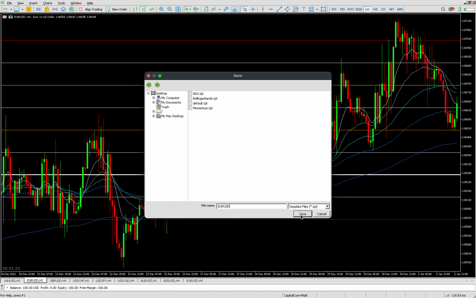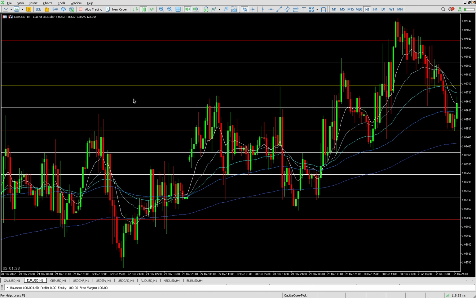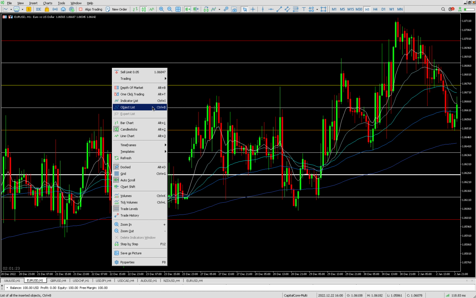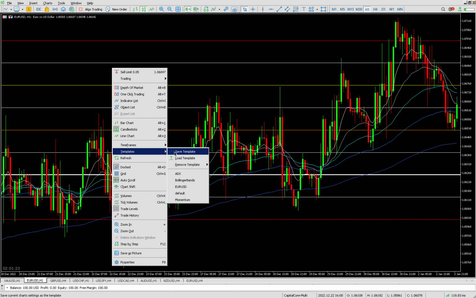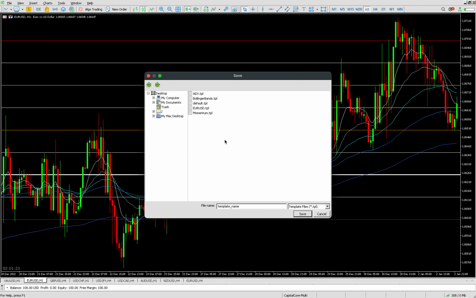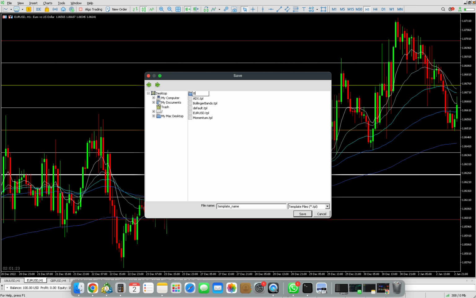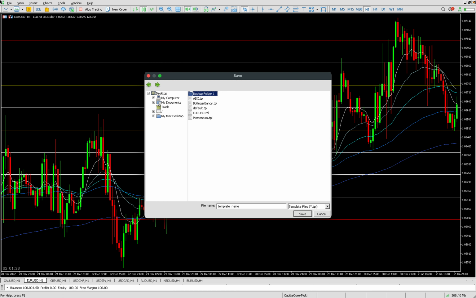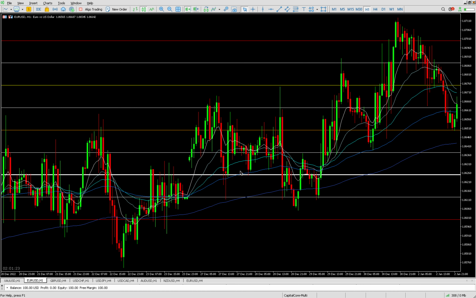I could just call it Euro USD. Okay, what I like to do is create a backup folder. Select that so that it goes down here and populates that, then save it. Okay, so there you go.